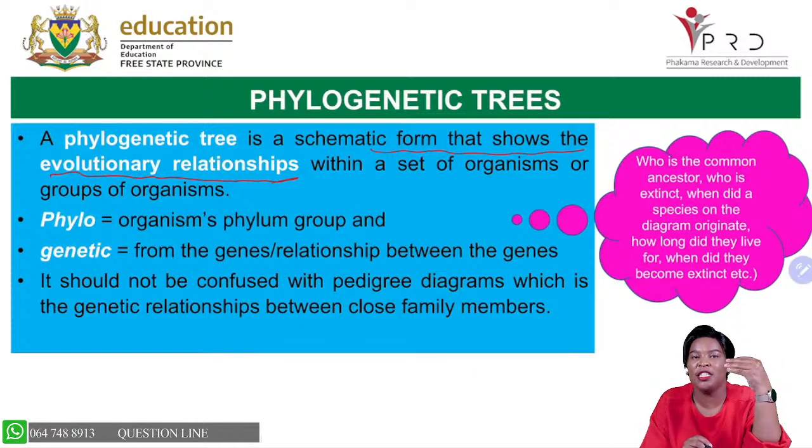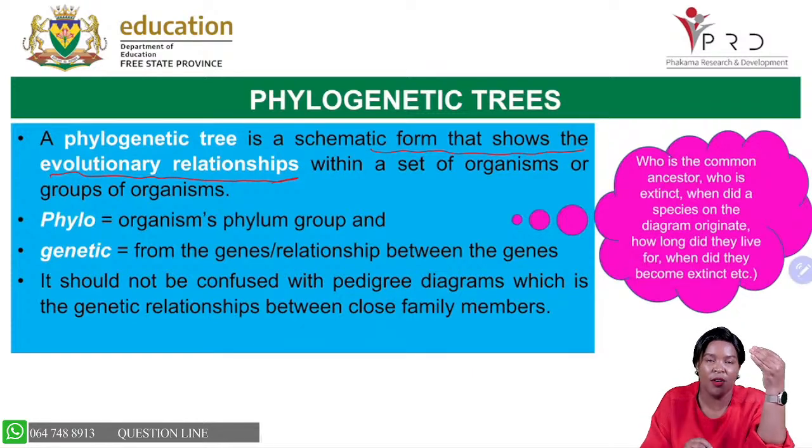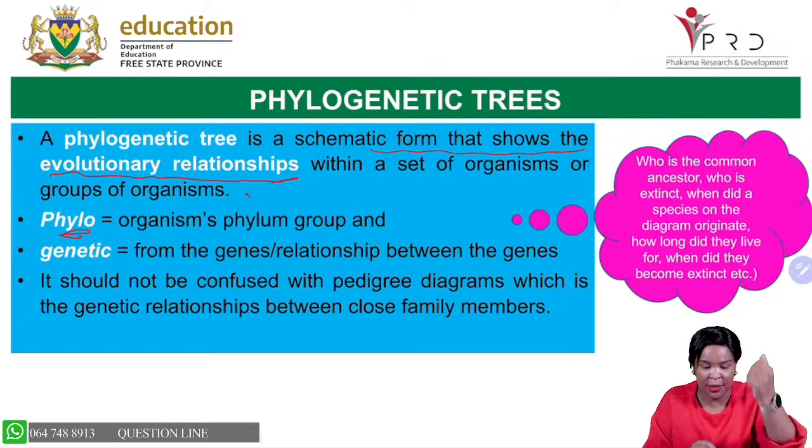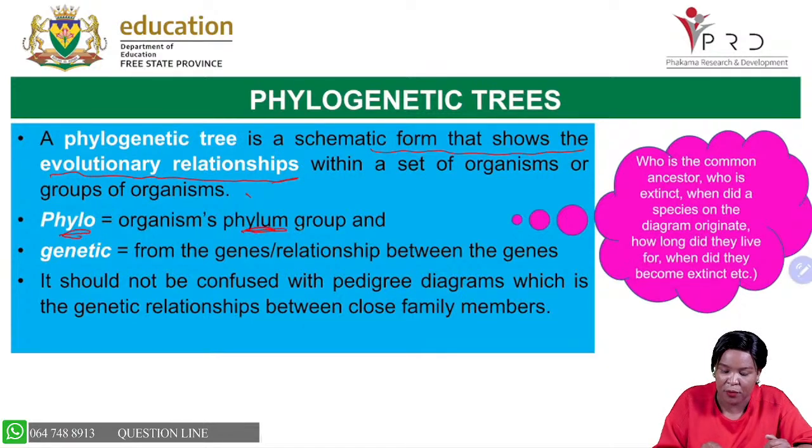So phylogenetic, remember, is the one of evolution: evolutionary relationships within a set of organisms or groups of organisms. Then phylo in phylogenetic tree stands for the phylum or the phylum group of that particular organism. Genetic, it is from the genes or the relationships between the genes.